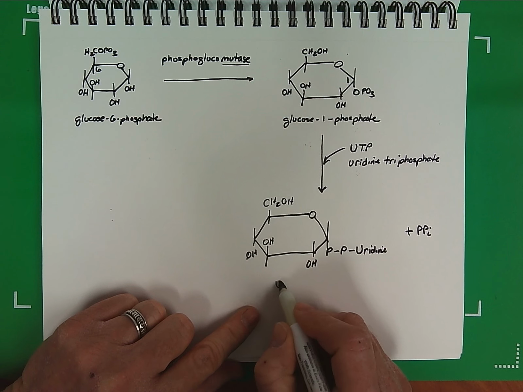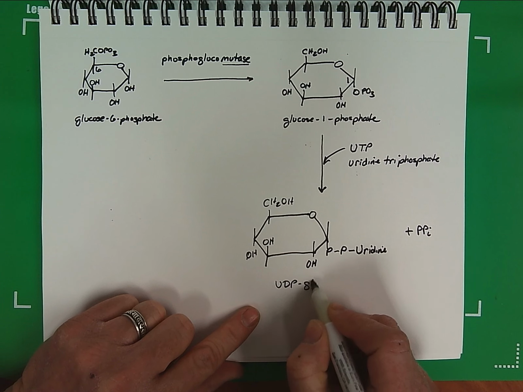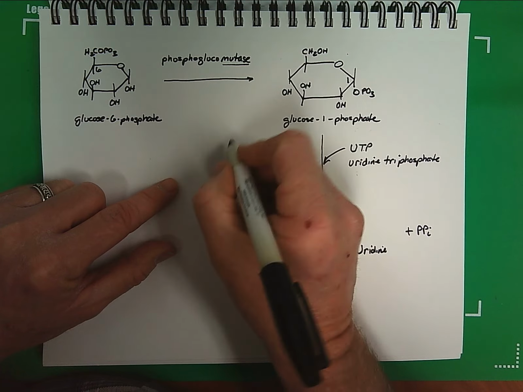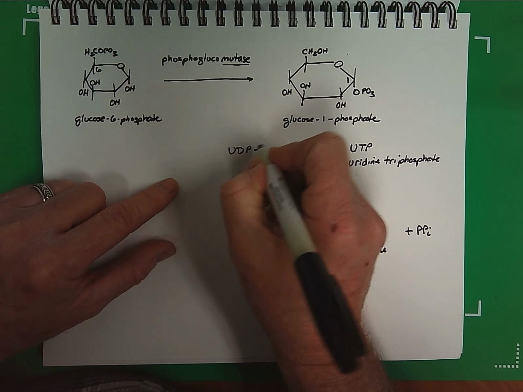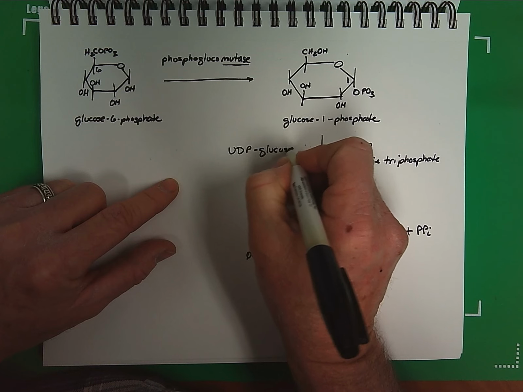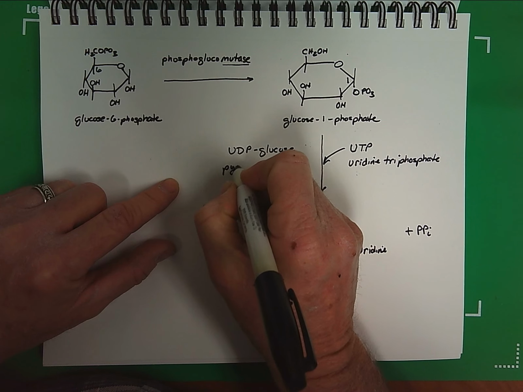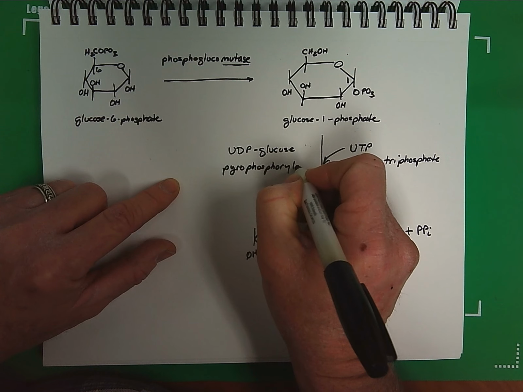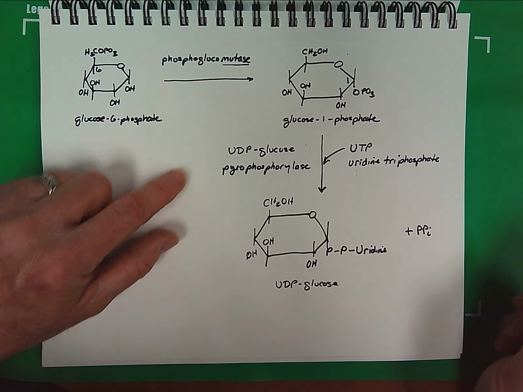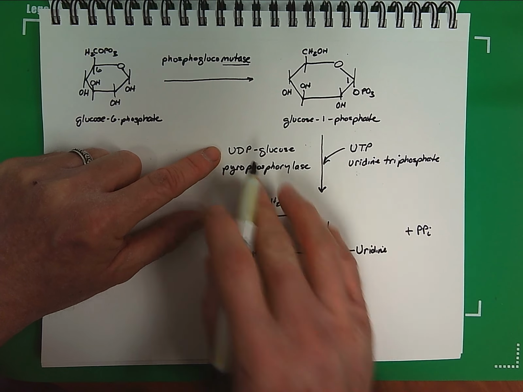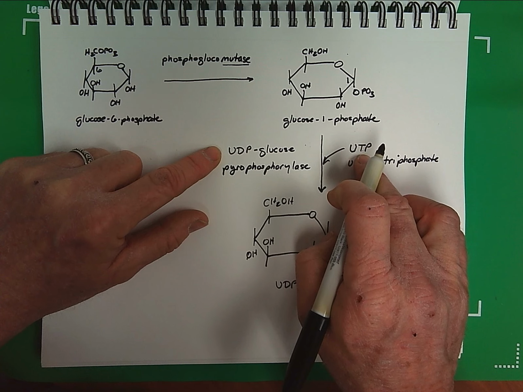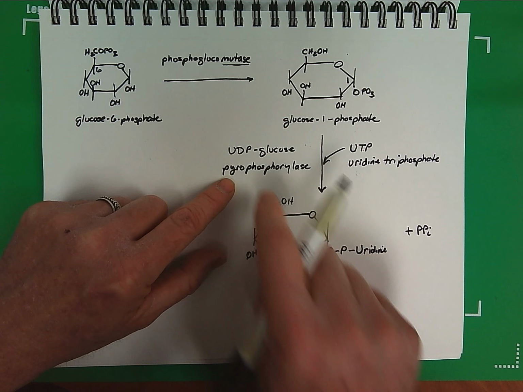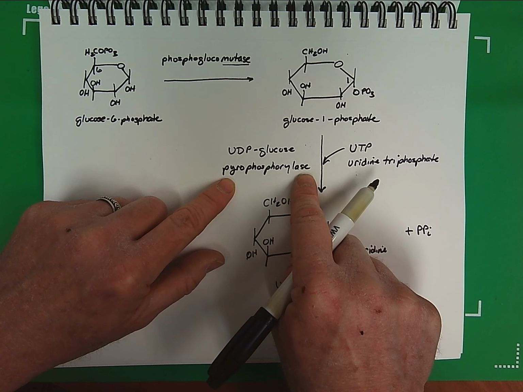So the product of this reaction is called UDP glucose. The enzyme that performs this reaction is called UDP glucose pyrophosphorylase. Now this is a very unique enzyme in that it not only adds the uridine monophosphate onto the glucose 1-phosphate, but it has a phosphorylysis activity.